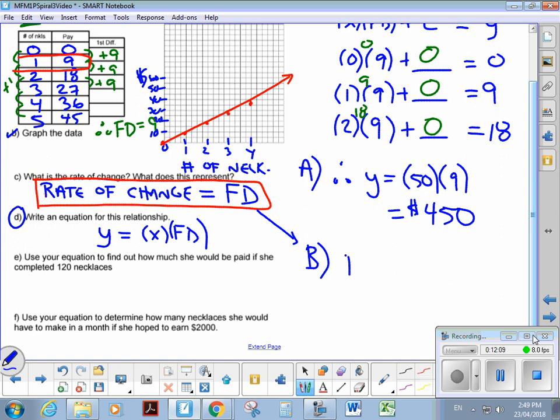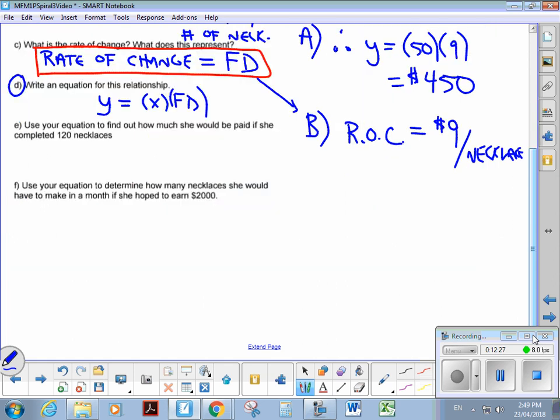So rate of change, ROC, equals $9 per necklace. This is a unit rate.